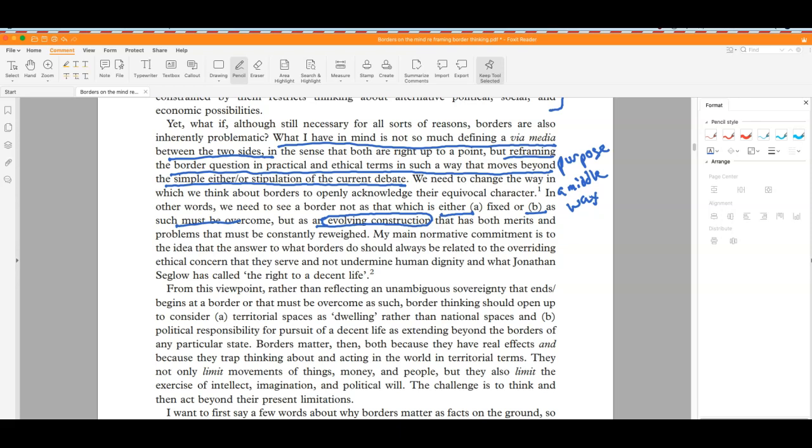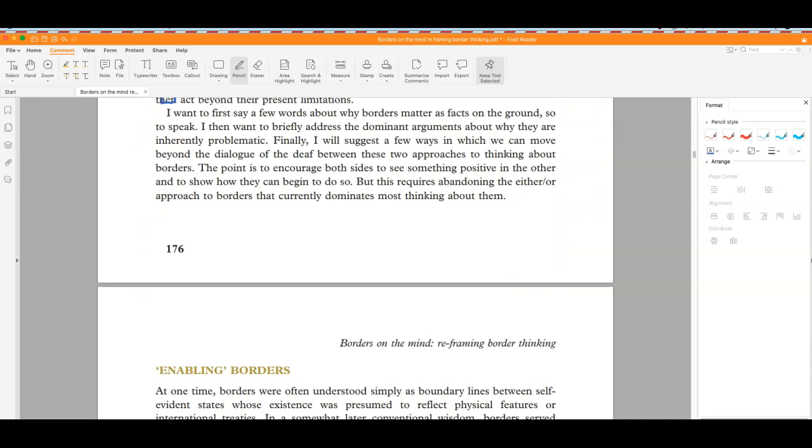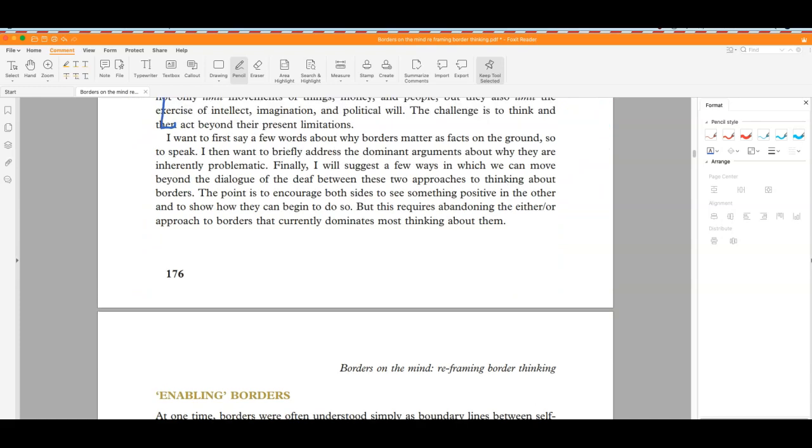In fact, that's how we should be thinking about borders. And as he goes on, he outlines for us the implications. And then he wants to acknowledge the two different ways of thinking.